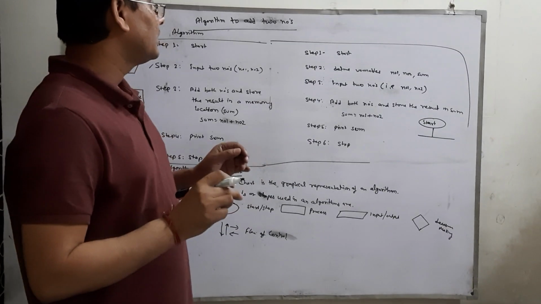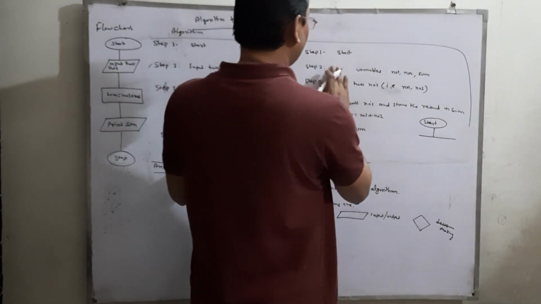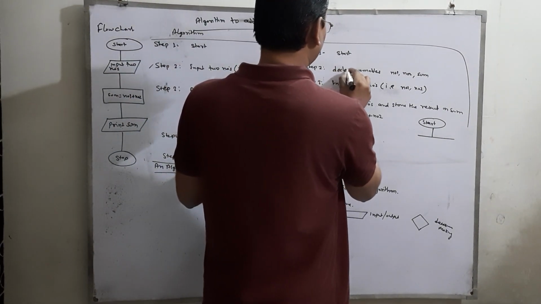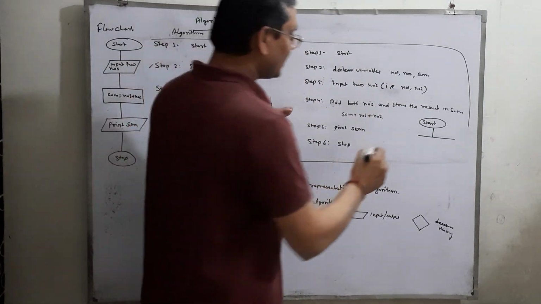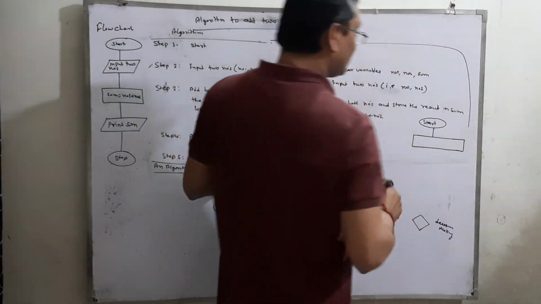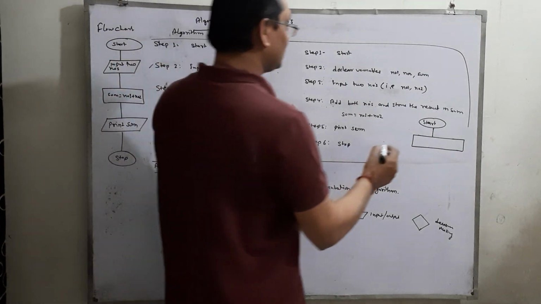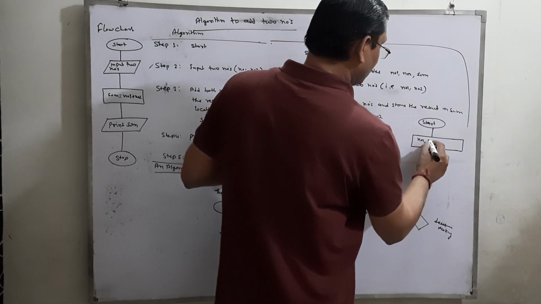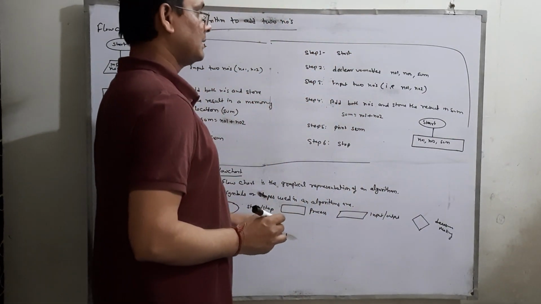Step 2, declare. Declare is the process. If you are going to declare a variable, that is under process. Under process we can write number 1, number 2 and sum. These are the three variables.